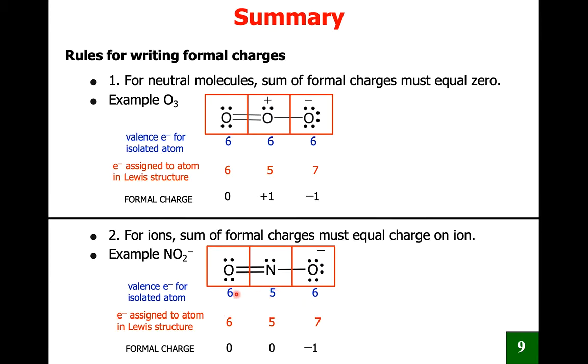And so let's do the math. 6 minus 6, so there's no charge on the leftmost oxygen. On the rightmost oxygen, 6 minus 7 gives a minus 1 charge. And then the nitrogen here, 5 minus 5 is 0. So the formal charge is 0 plus 0 minus 1, giving us an overall formal charge of minus 1. And so, as promised, it sums to the charge of the ion.